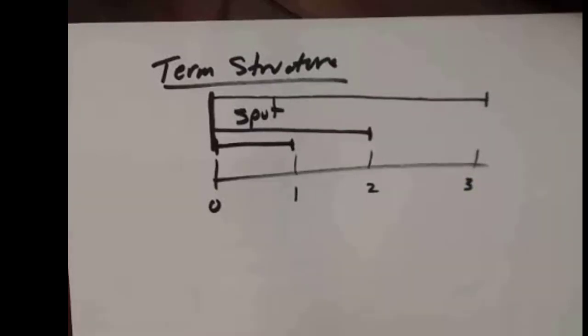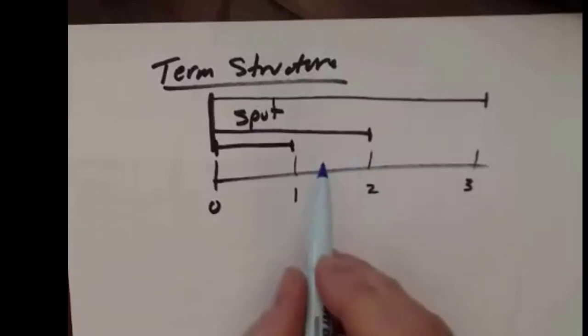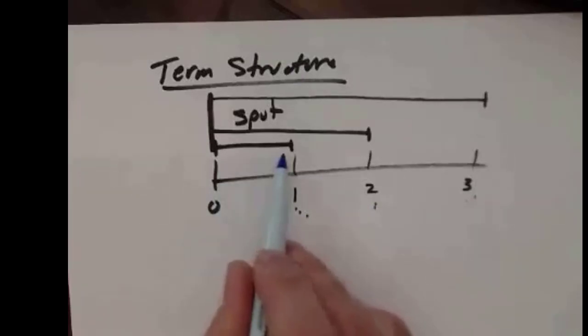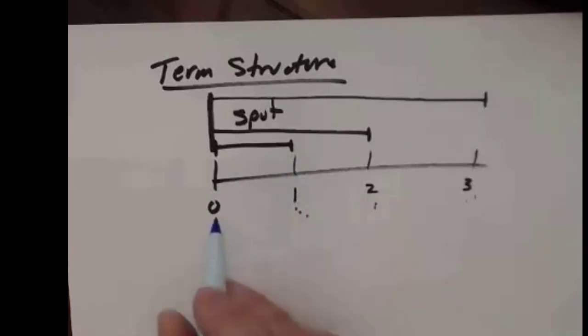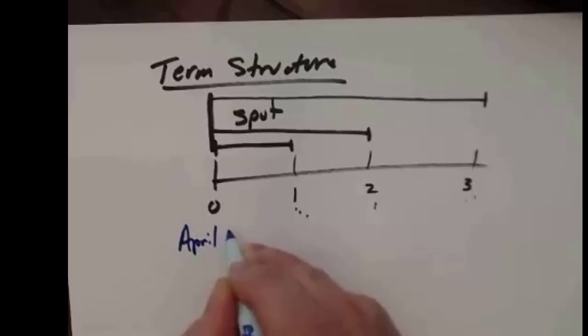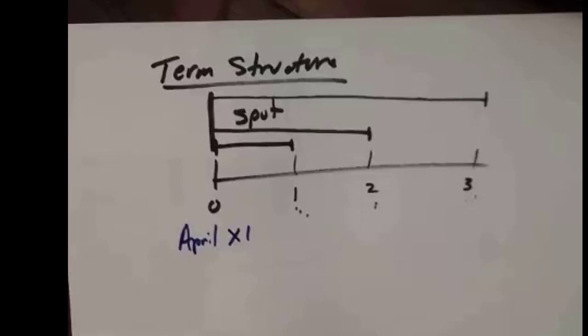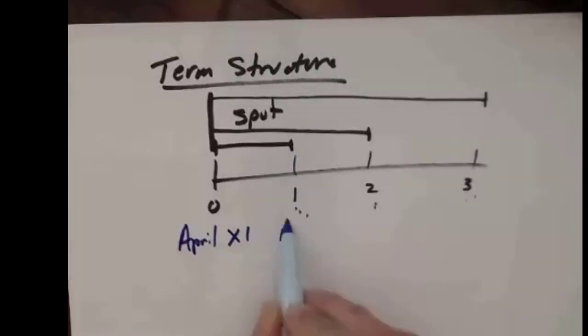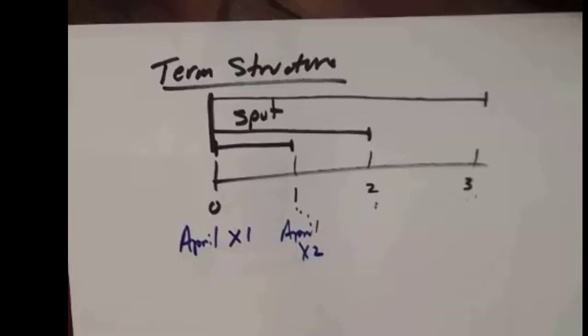Now, an interesting question: let's just assume this is annual for simplicity. If today is April of year X1, then what is the interest rate in April of year X2, 1 year later?